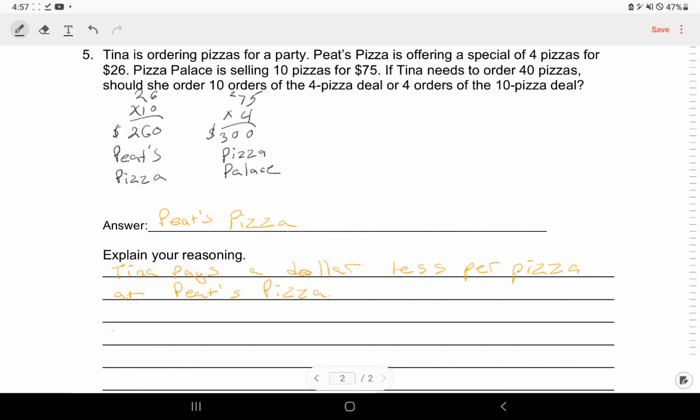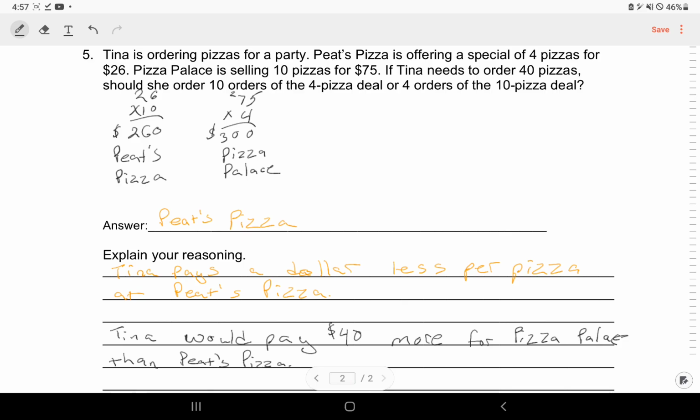And so the reasoning would be Tina would pay $40 more for Pizza Palace than Pete's Pizza.